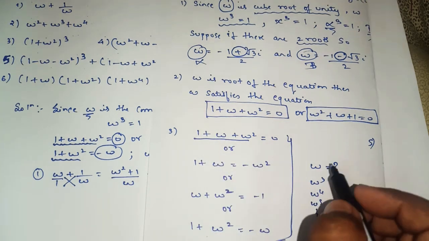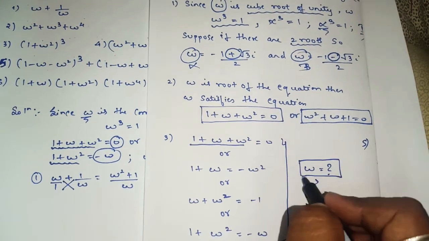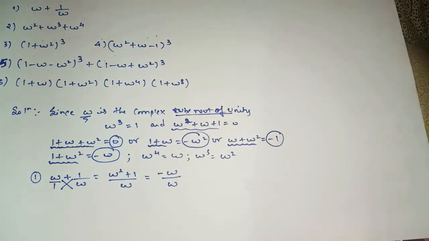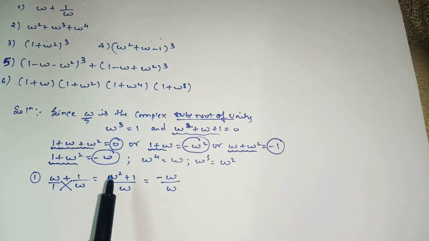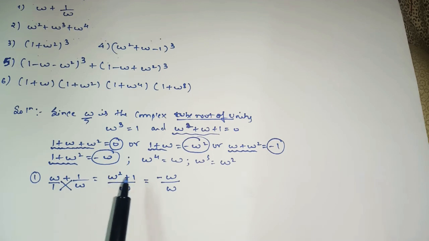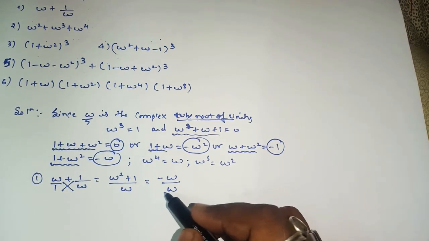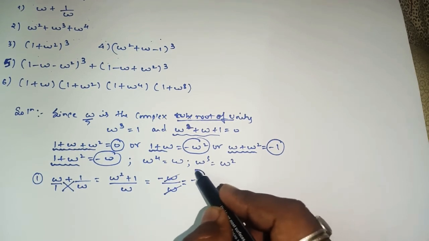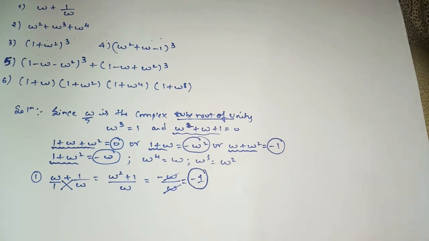But we don't have a formula for w alone, so wherever you come across w, you will write w as it is. So in place of w square plus 1, we write minus w, and w remains the same. This w will get cancelled, so here we are left with minus 1. So we got the first answer, that is minus 1.